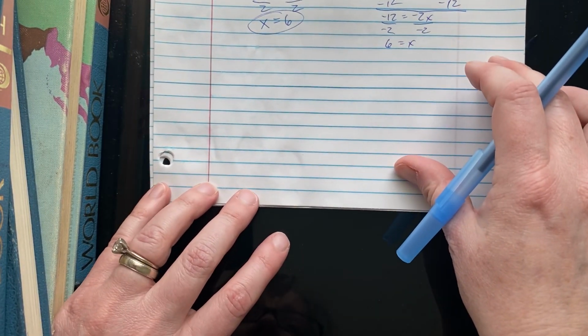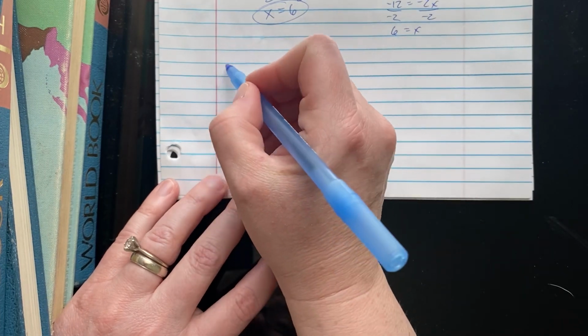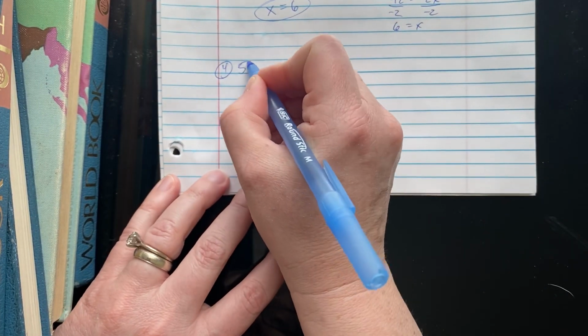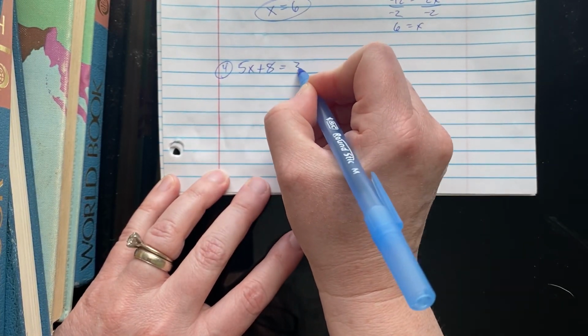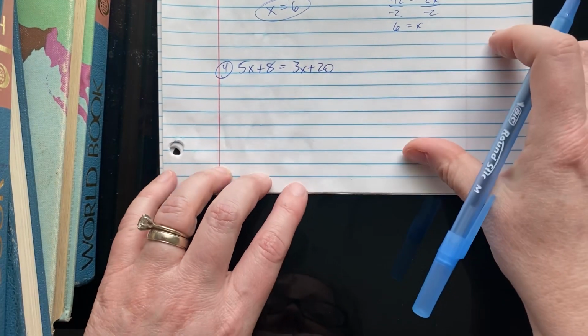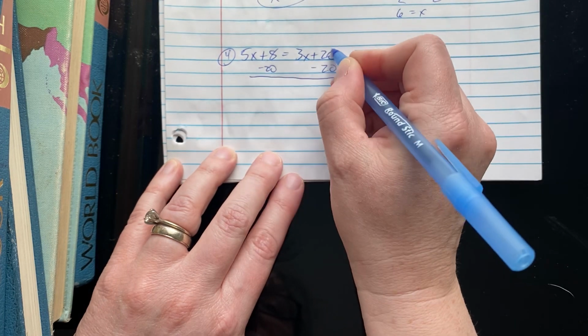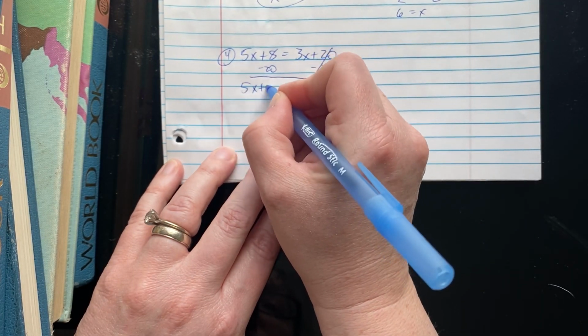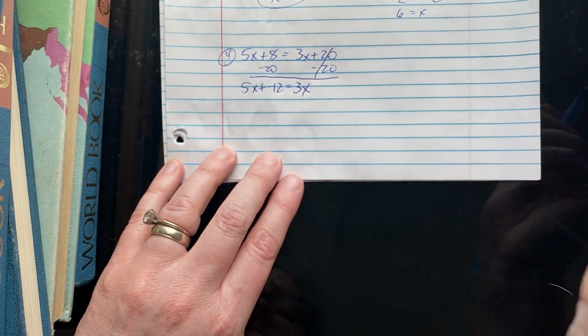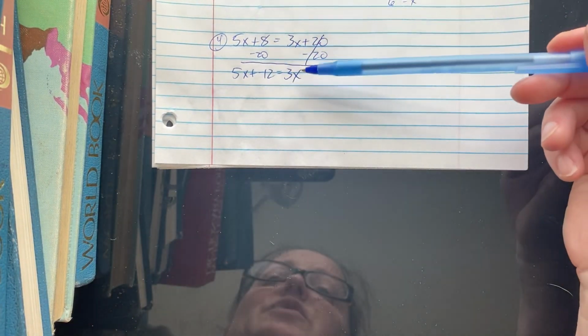The last way, I think I haven't dealt with the number 20 just yet. So 5x plus 8 equals 3x plus 20. It's going to equal x equals 6. Subtracting 20. Think in your mind what you want to use, the 5x, the negative 12, or the 3x.